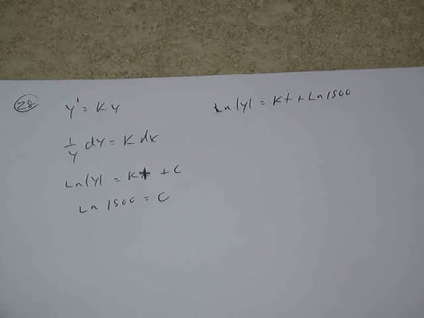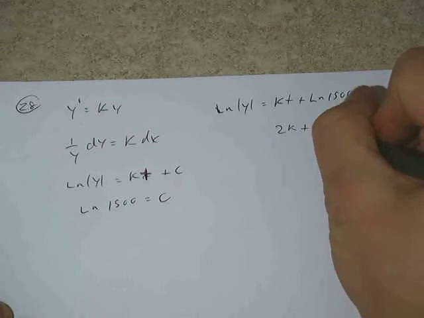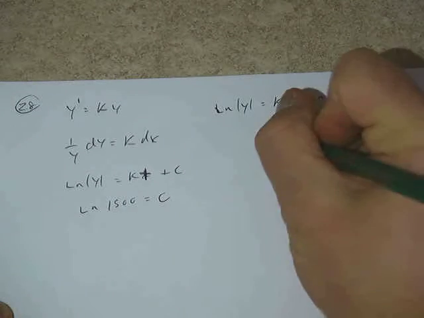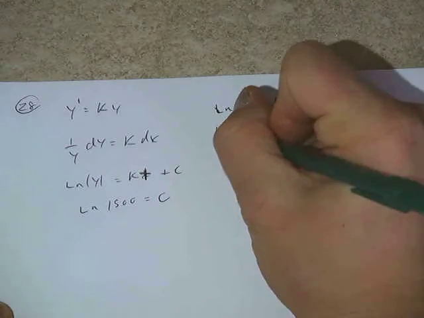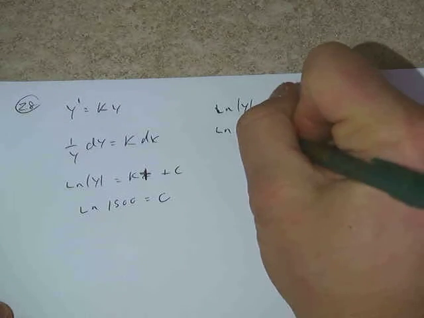Right? And the other thing that we know is that in 2 days it quadrupled. So with that we could figure out what our k value is, because we know that 2k plus ln 1500 would equal ln of 6000, quadrupled.